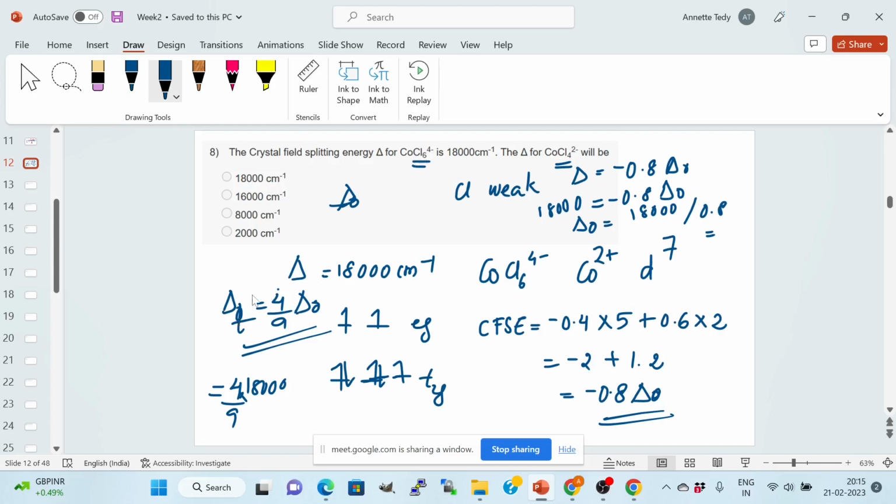In that case, for the same ligand and the same metal, we can use delta T is equal to 4 by 9 into delta O for this tetrahedral complex crystal field splitting energy. So it is coming around, I think, 8,000. Yeah, so the answer is 8,000.